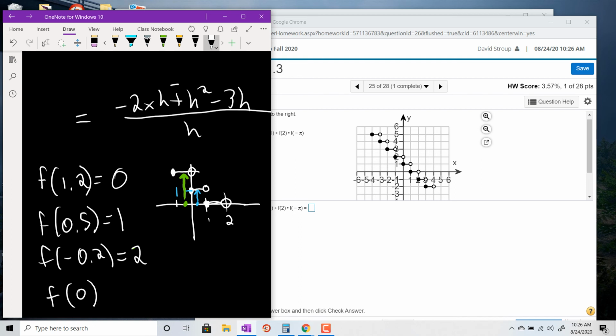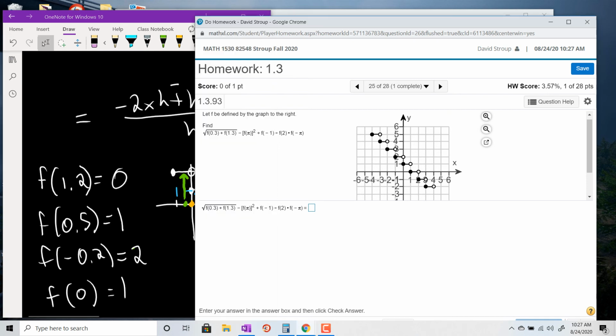If you go to the graph, there's an open dot. Let me put that in yellow. F of 0 is right here. It kind of looks like maybe it's at 2, maybe it's at 1. The open dot's at 2, so you don't use that. You have to go to the closed dot. So f of 0 is actually 1.